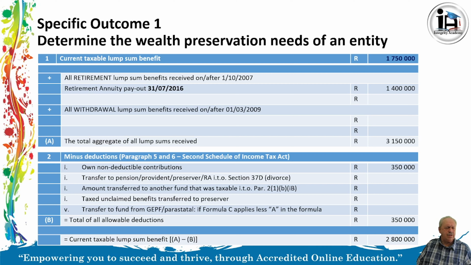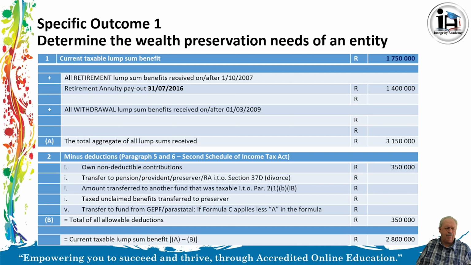Now, we know that he received a retirement annuity payout in July of 2016. So there we will add the 1.4 million, and the aggregate total will then be 1.750 million plus the 1.4 million, which will give us 3,150,000.